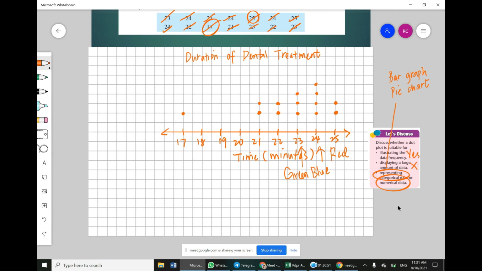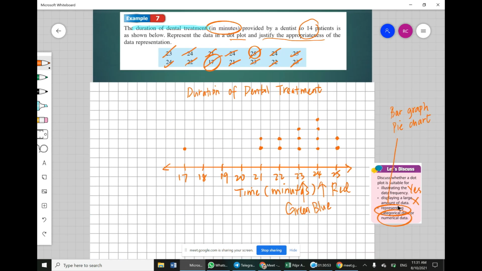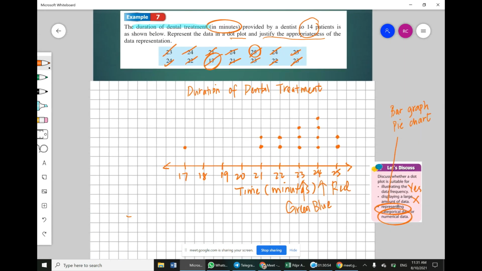So for the justification, the dot plot is suitable for displaying what? Go back to the question again: the duration of dental treatment. You can follow everything, right? The duration of dental treatment for how long?